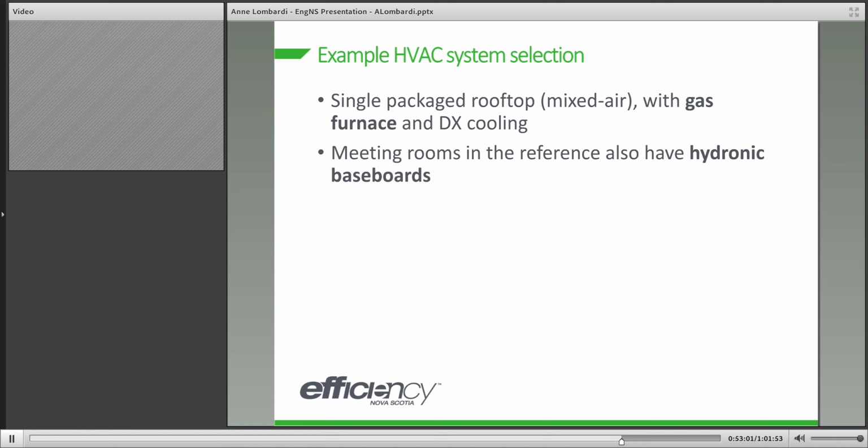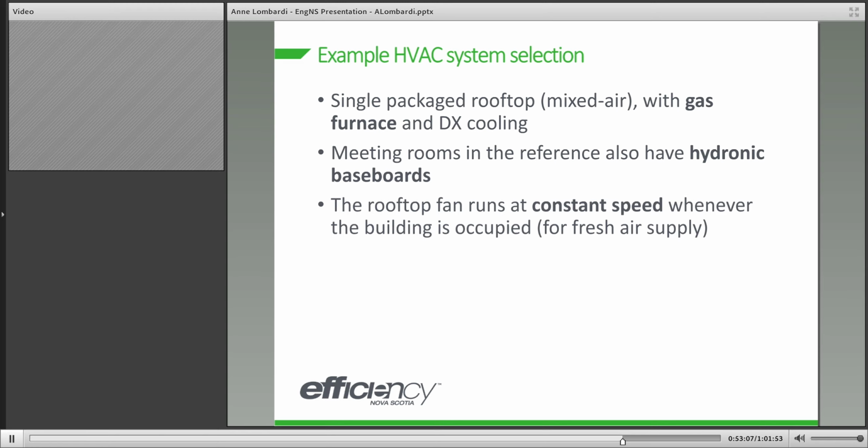So the reference system for this building would be a single package rooftop, system 3, with a gas furnace and DX cooling, because again, we want to match that fuel type. The meeting rooms in the reference would also have hydronic baseboards to match the proposed. The rooftop fan is running at constant speed whenever the building is occupied because it's supplying fresh air.